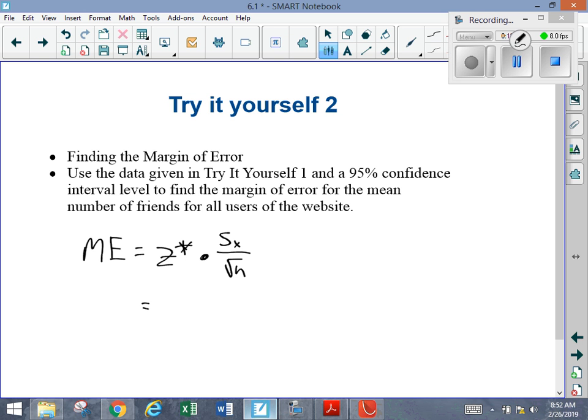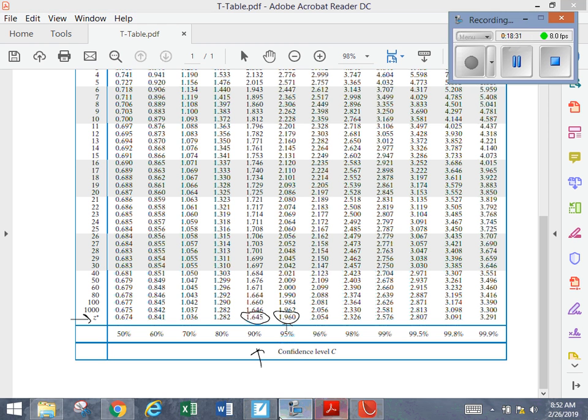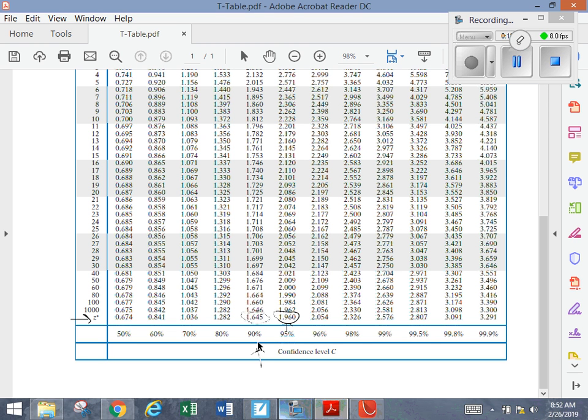First of all, critical value, we'll get to our t table, and at 95, we decided that was 1.96, right? So there we go, we'll put 1.96 in here.